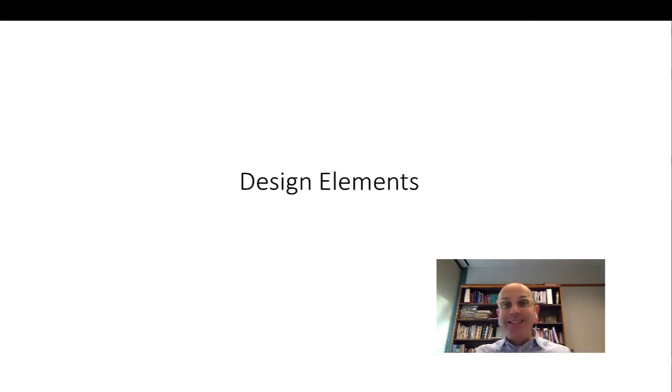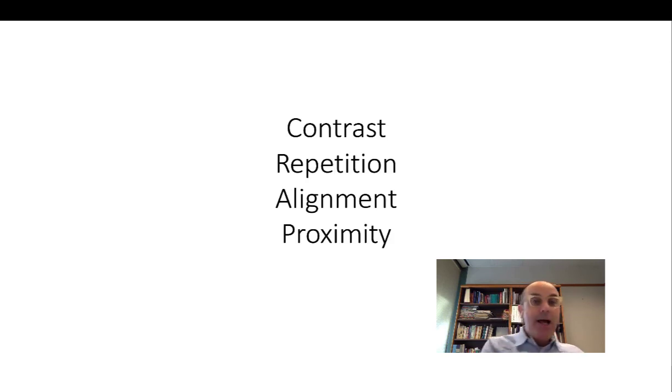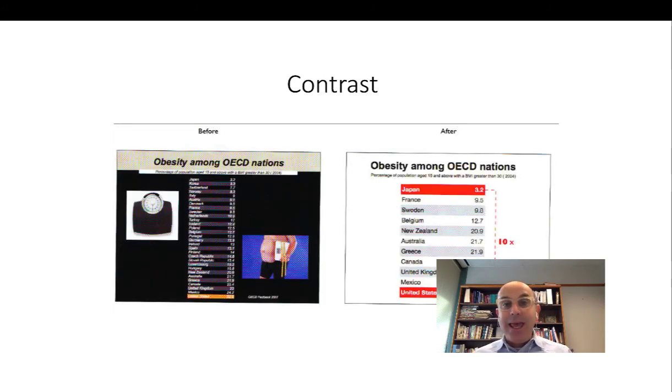When we are talking about design elements, going back to the context of this book, we talked about context, repetition, alignment, and proximity. And again, contrast, before and after. Look at the difference. Before, we had a big belly with regard to nutrition, but after, the white background makes it very clear to us who is leading in obesity, which is the United States.